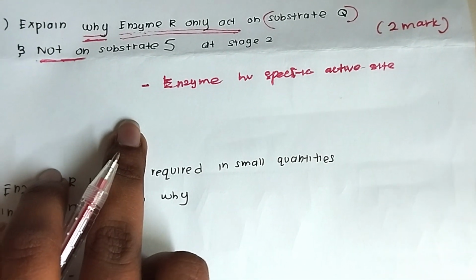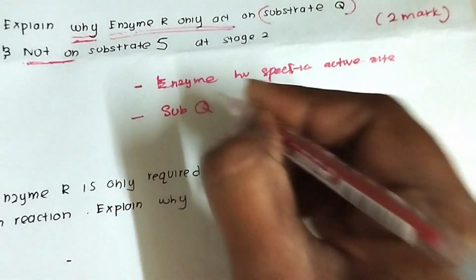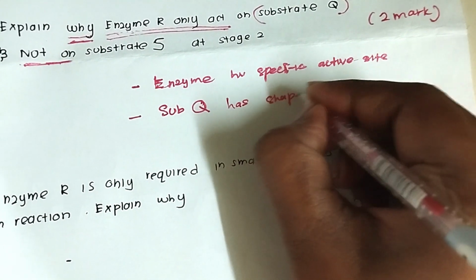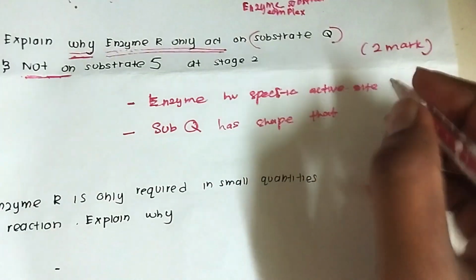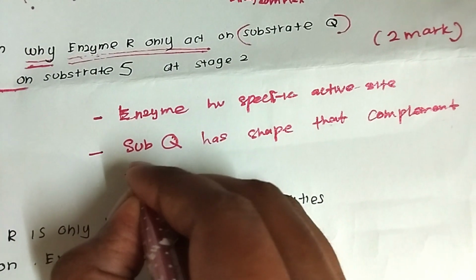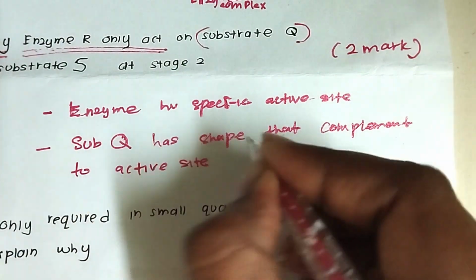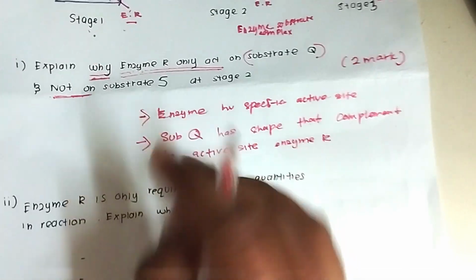I'm done with 1 point. What is the other one? Substrate Q has a shape that is complementary to the active site of enzyme R. So this will be our answer. We have 1 and 2.